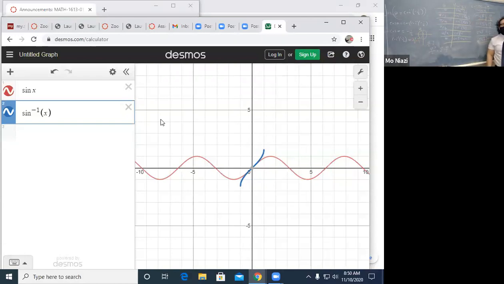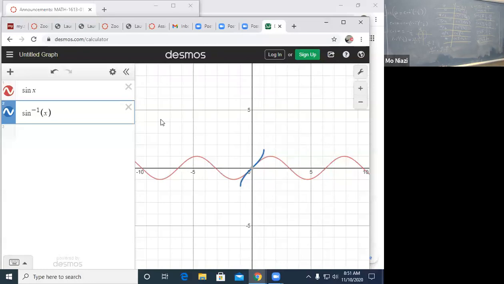So which one do we pick? If we want cosine inverse to be an inverse function, it can only have one of them. You said 2 pi over 3? Yeah, you can pick 2 pi over 3.